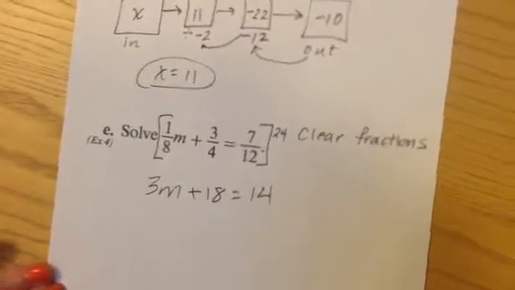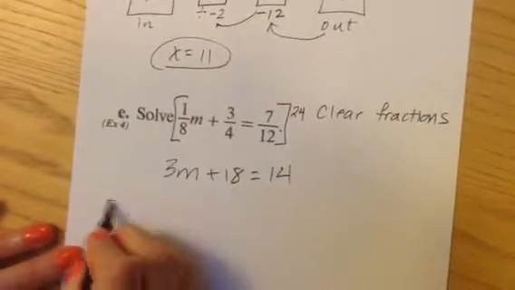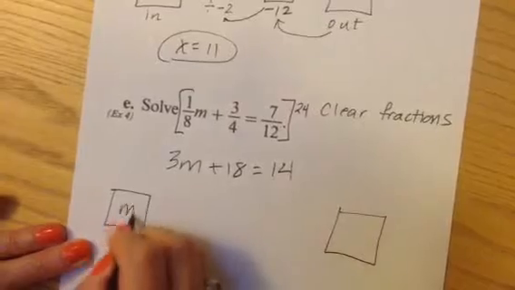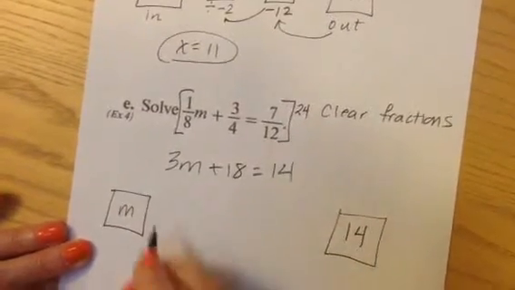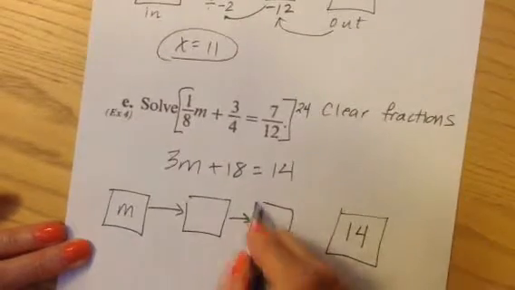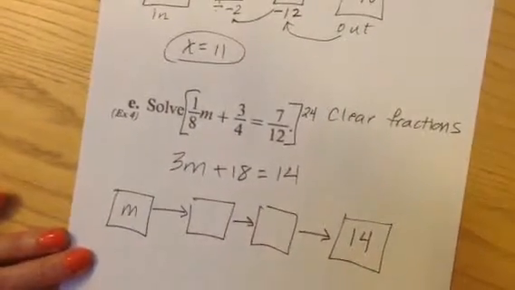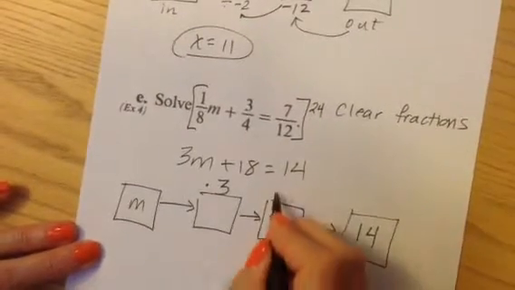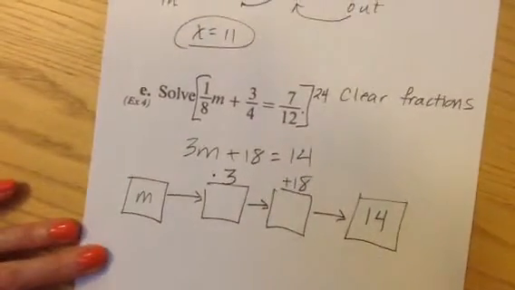And now we can do diagramming again, just to get practice with that strategy. We have an input, which is m. We have an output, which is 14. And two different things are happening to the variable before we get our output. Number one, it's being multiplied by 3. And number two, it's being added with 18.